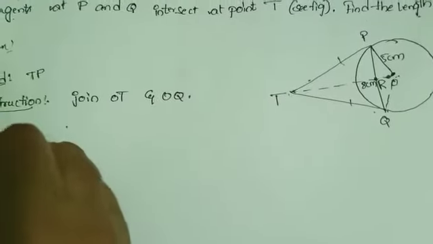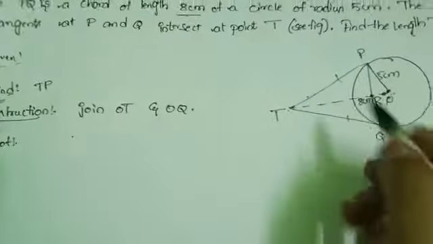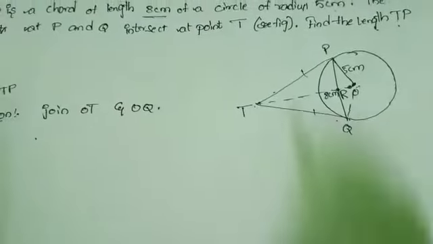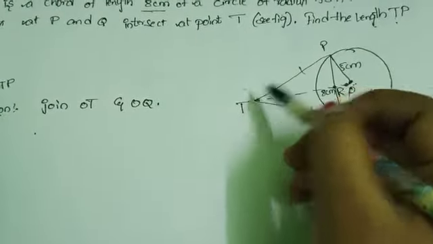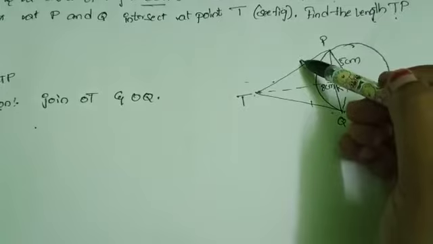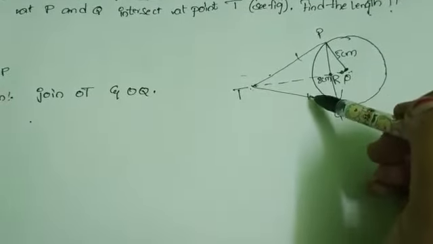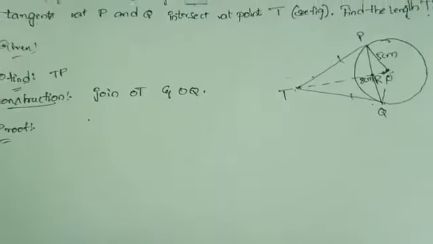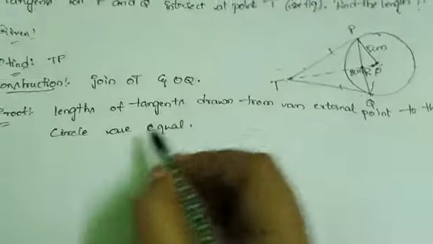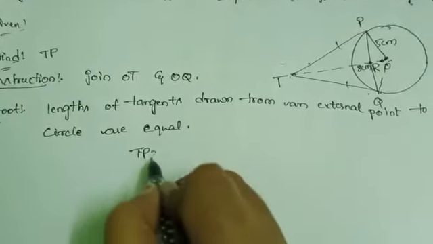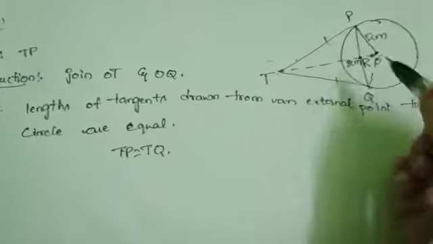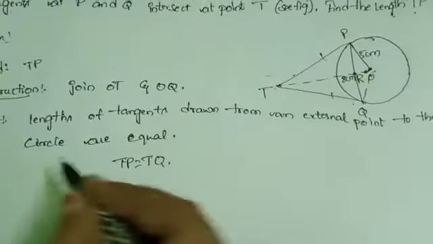Proof. The lengths of tangents drawn from an external point T are equal. Write the statement: TP equal to TQ. Consider the triangle PTQ.